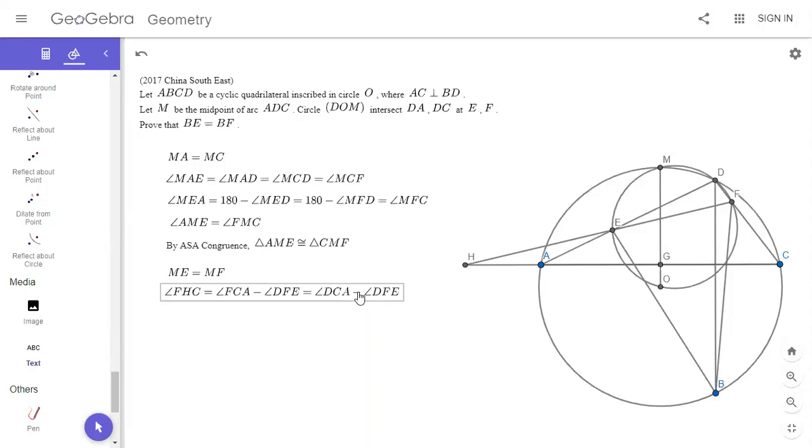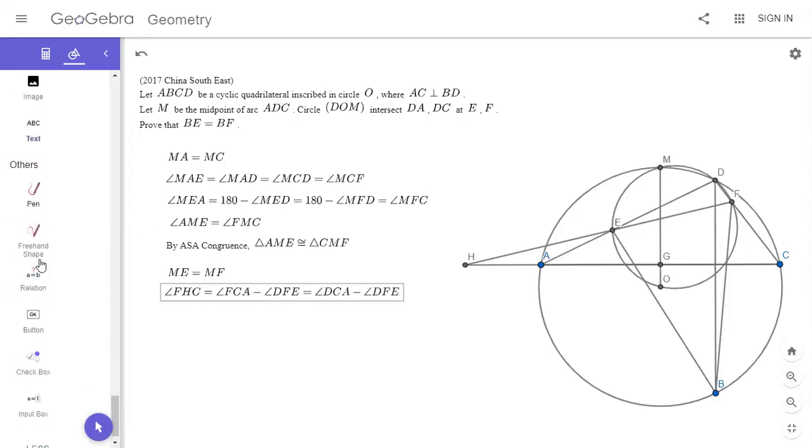Let's see. Yeah, I think I'm kind of going in circles here, but I have an idea. We want to show that this is MCB. Can we show angle DFE is equal to angle MCA? I think that's what we need. Let me check that.